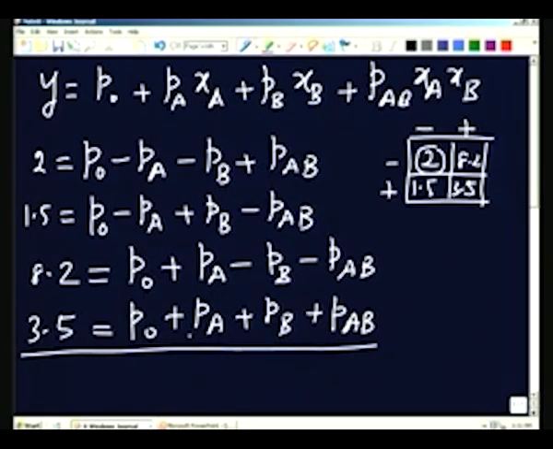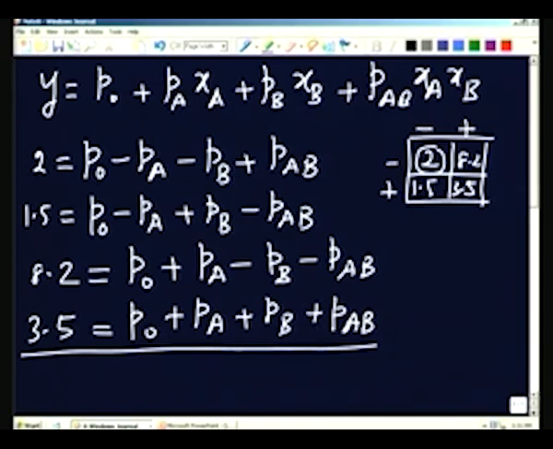So, if P A is dominant, P A is much larger than P B, or P A is greater than P B, then we will say that the parameter X A has a more important role to play in the measuring process than the parameter X B. Suppose P A B is very small, then we will say that the interaction between X A and X B is not very important.